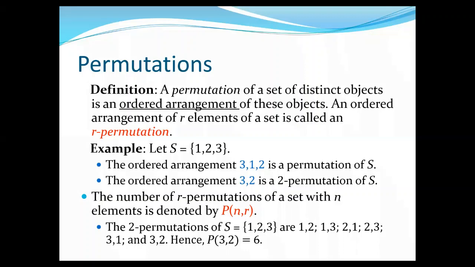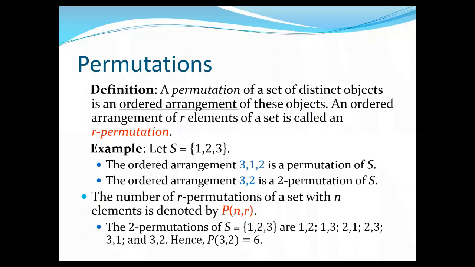Another example. Let set S contain 1, 2, 3. 1, 2, 3 is one arrangement, so it's one pattern. Another example of a pattern, if we reorganize 1, 2, 3 as 3, 1, 2, it's another pattern.